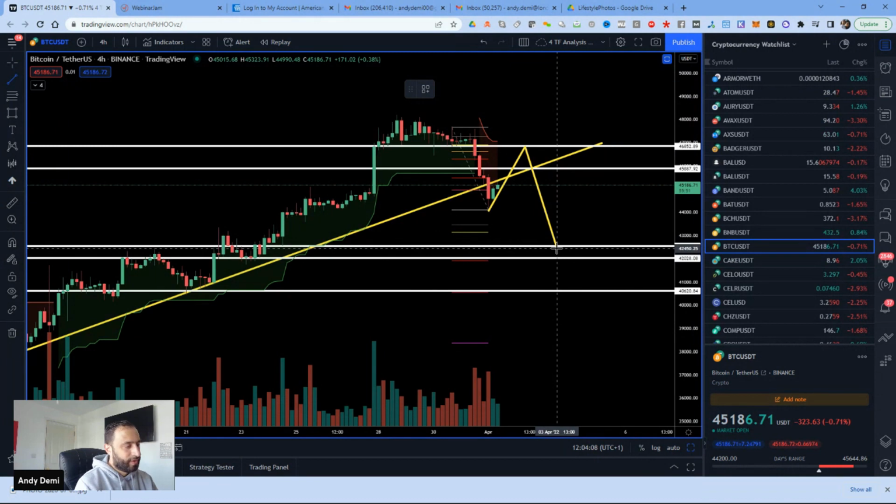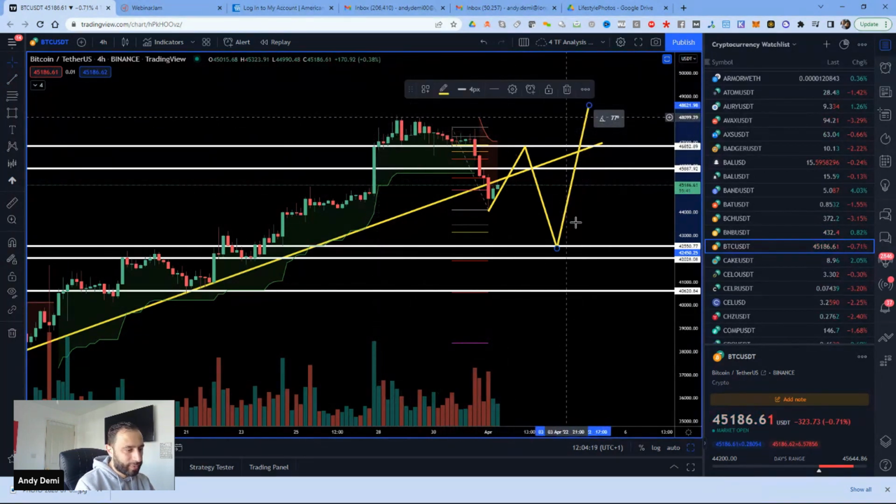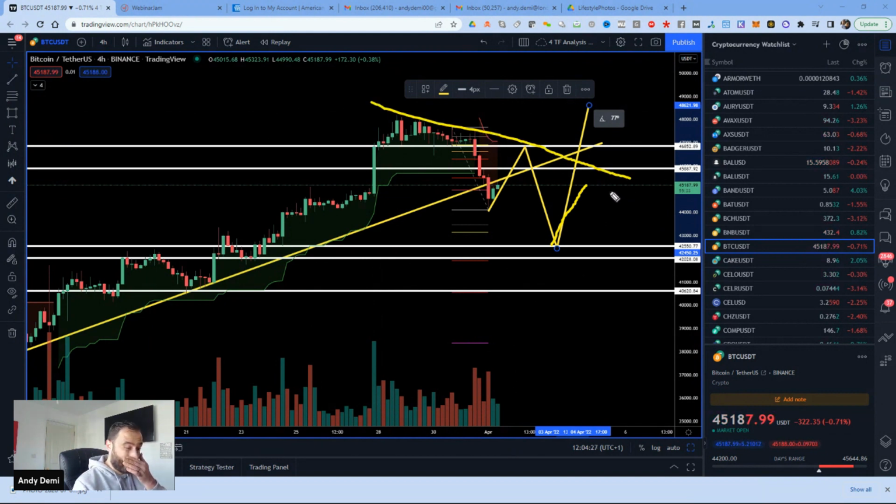Okay, now whether the bounce is going to be short-lived, well, I think what we need to do is basically take out that high. Otherwise, we're going to be looking at this as a bounce. If we don't take out the highs, we get maybe even a trend line there, and we then move even lower.